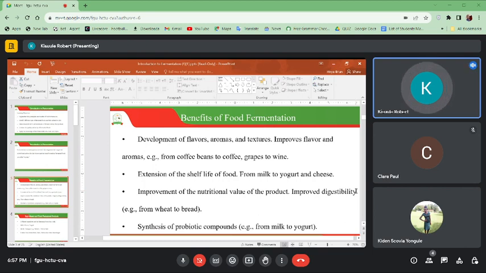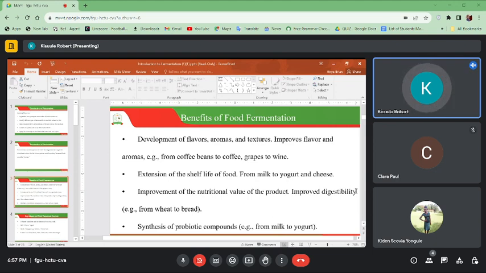And also we are looking at the improvement in the nutritional value of a product, such as improved digestibility, from wheat to bread. We understand that partly what these microbes do in fermentation is partial breakdown.